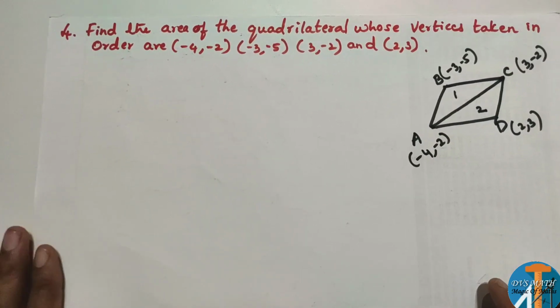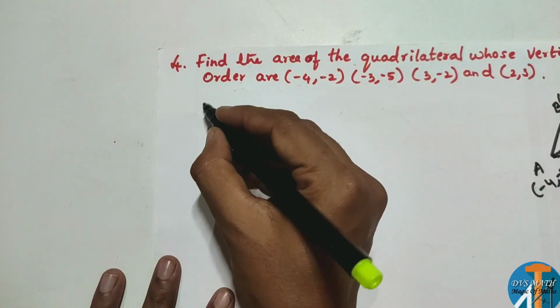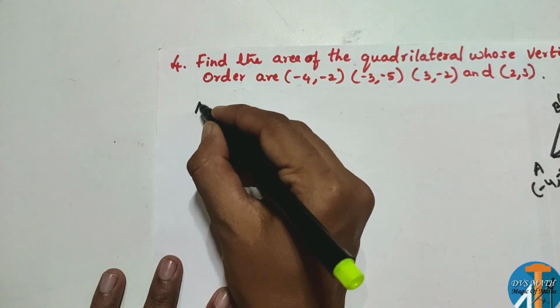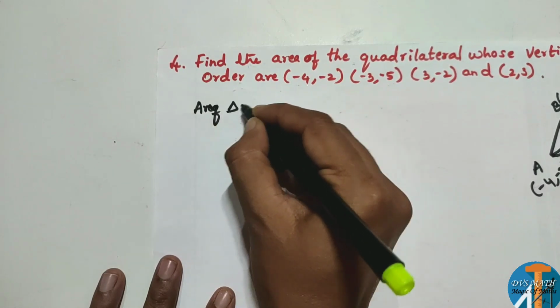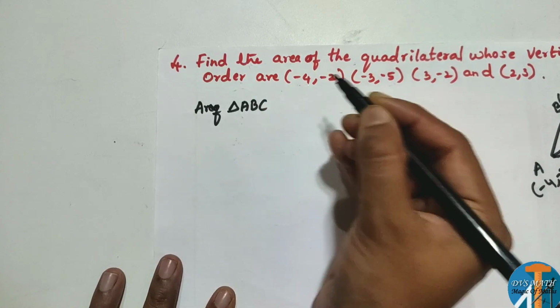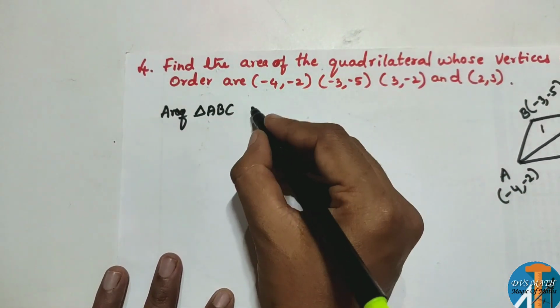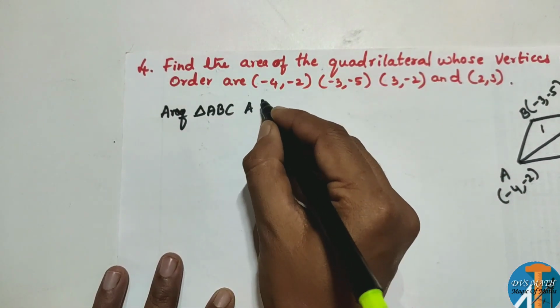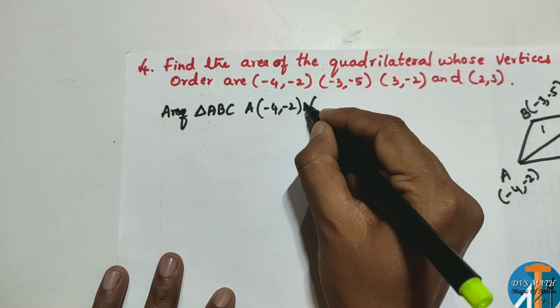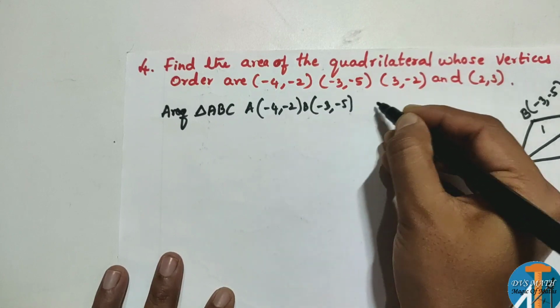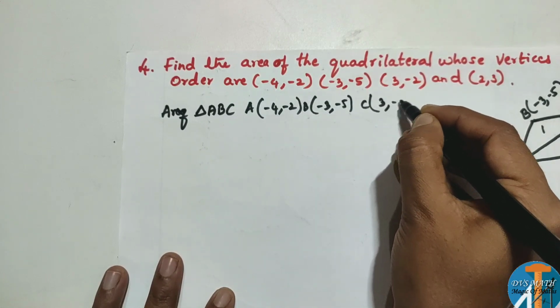First, let us take the area of triangle ABC. If I consider ABC, what will be the points? A is minus 4 comma minus 2. B is minus 3 comma minus 5. C is 3 comma minus 2.